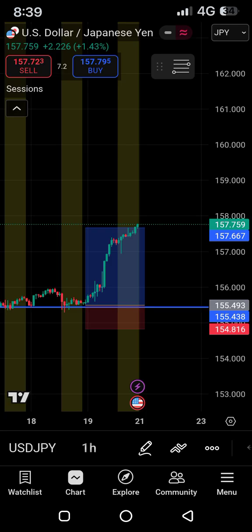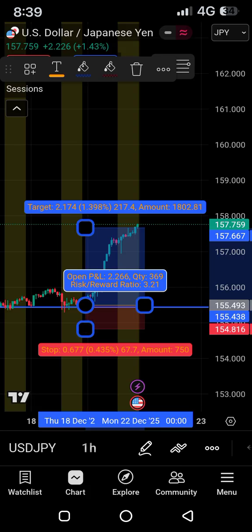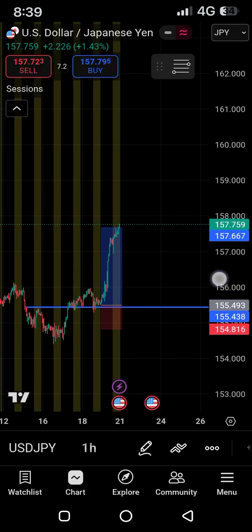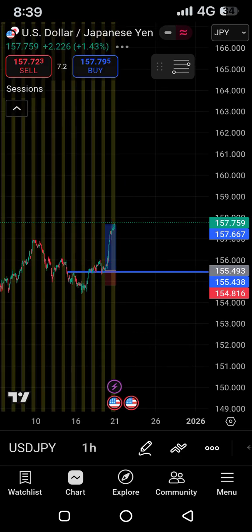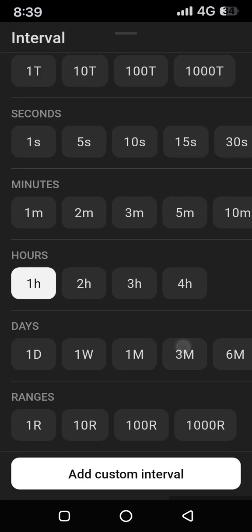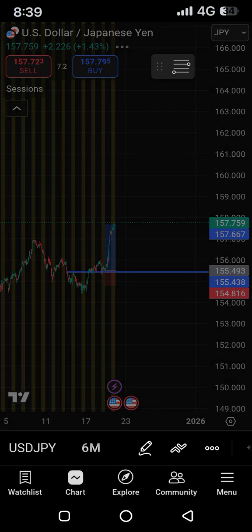Okay, so yeah, that's it for pretty much USD JPY. It has been buying aggressively, but if you guys want even more analysis, you go to the high time frame. Let's go to the 6 months and see.